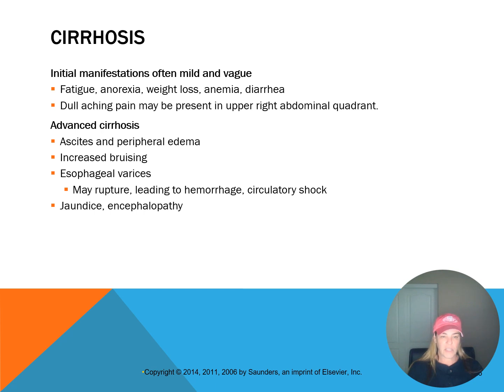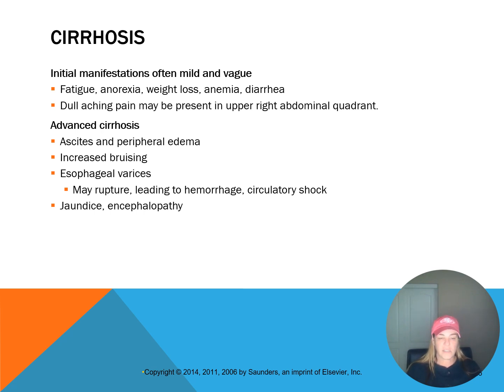They get ascites or peripheral edema, so they have edema in their legs. Increased bruising because of the inability to clot. You might see more bruises, esophageal varices, which you can't see, but if they do hemorrhage, then you will know because they will have blood in their throats.